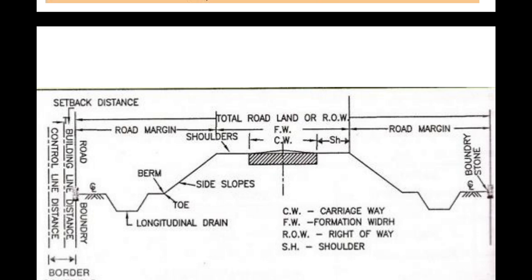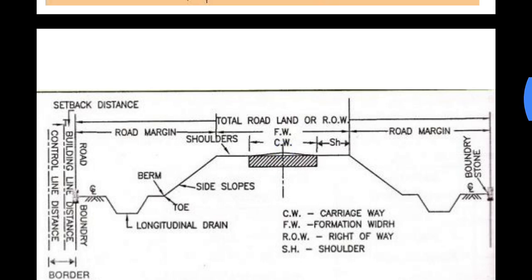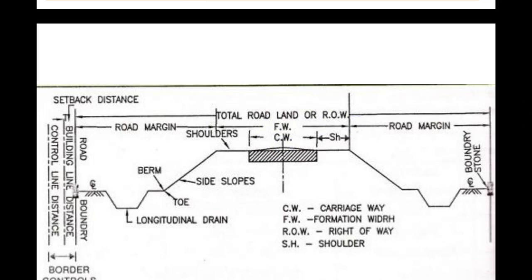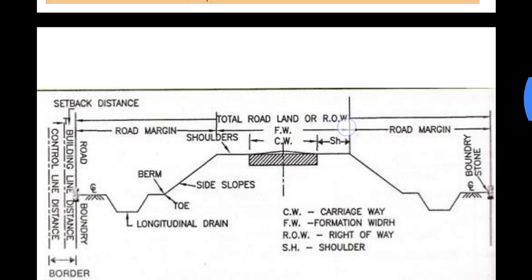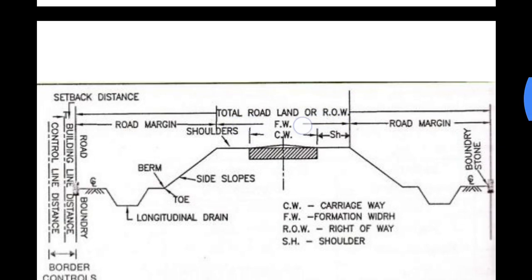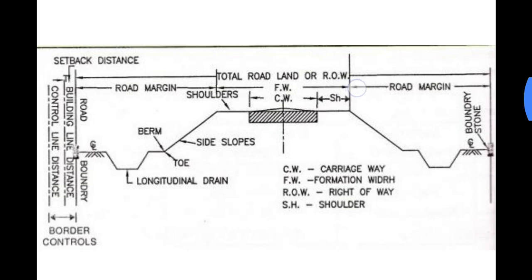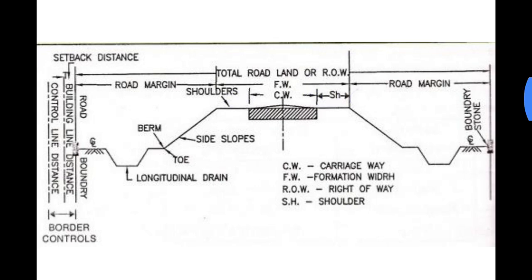Then when we add the width of carriageway to the shoulders on both sides, what we get is roadway width. This is the road width. Since here our road is constructed in an embankment, the top width would be the formation level or FW.